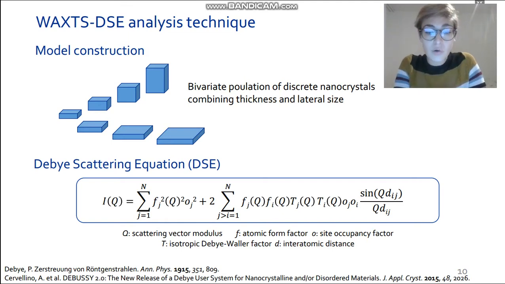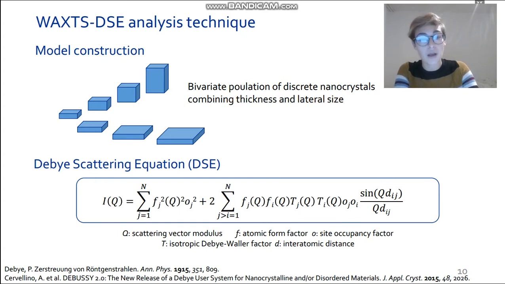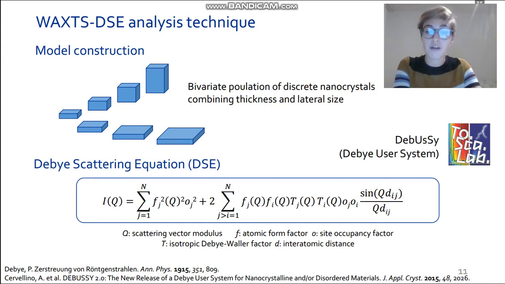Finally, the model was optimized by refining structural and microstructural parameters against experimental data. The model refinement was carried out using the Debussy suite of programs developed at TOSCA Lab.